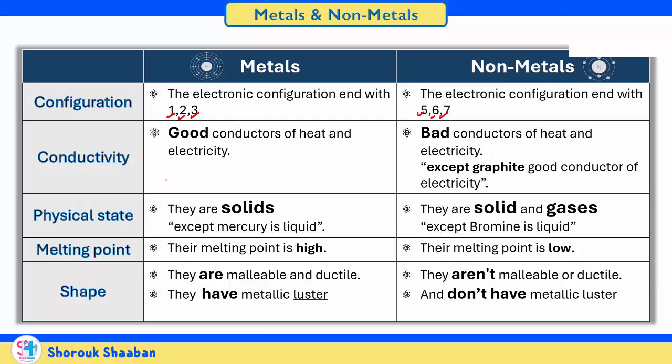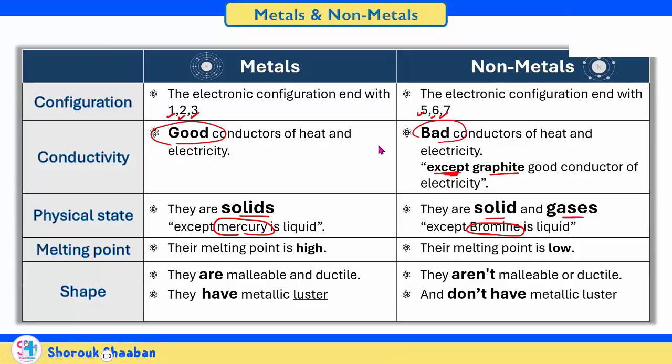About conductivity, metals are good at everything, but non-metals are bad, except, and take care again, except graphite, the only good conductor of electricity. About physical state, metals are solid, except one liquid, which is mercury. And non-metals are also solid, in addition to gases, except one liquid.